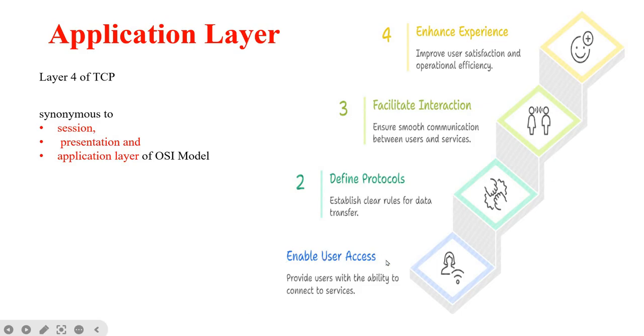First, it enables user access, providing users with the ability to connect to services. Then it defines the protocols, establishing clear rules for data transfer and facilitating interaction to ensure smooth communication between users and the services. And it enhances the experience, improving user satisfaction and operational efficiency.